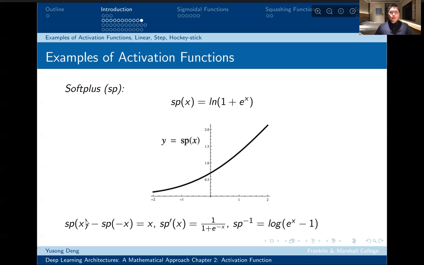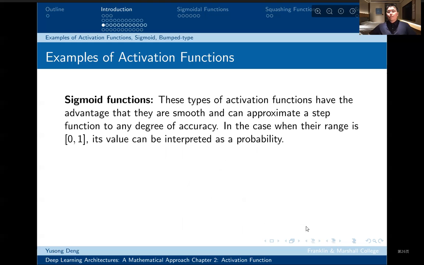What you should note here is that it has a special relationship: SP(x) minus SP(negative x) is just equal to x, and the prime of it is exactly the sigmoid. You are familiar with this, right? And the inverse of this function is log(e to the x minus 1). Sometimes this one is also useful, but that is what we have for the hockey stick function, which looks like an L, remember that?